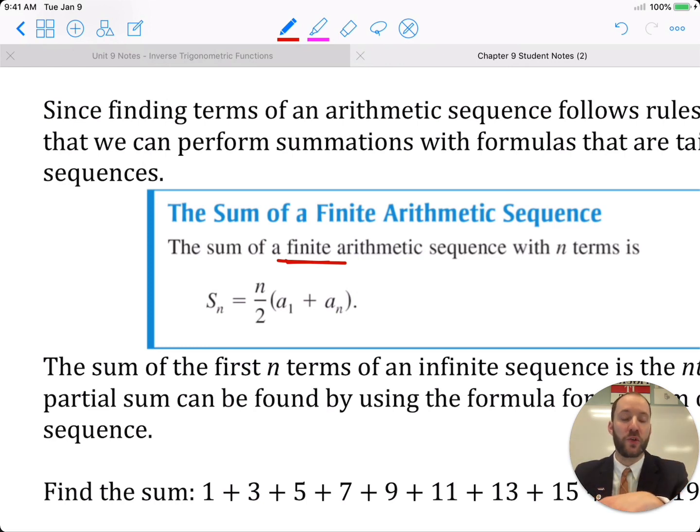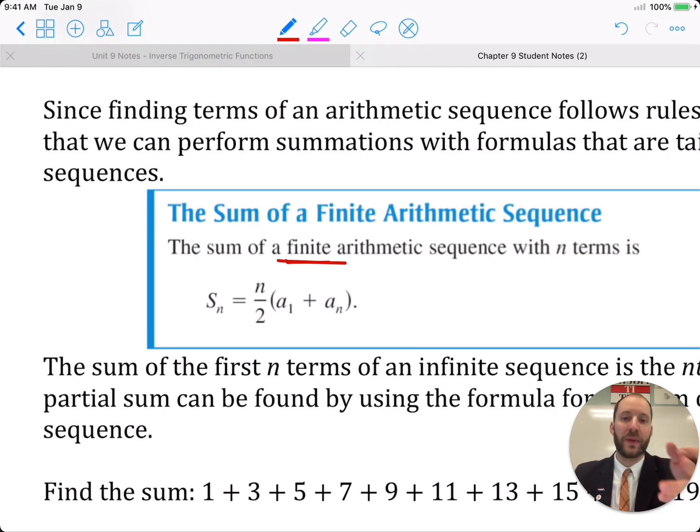So you're either going towards positive infinity or negative infinity. That's no good, okay? Infinity, again, is not a number, it's an idea.